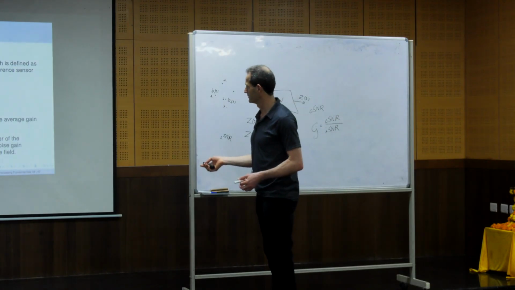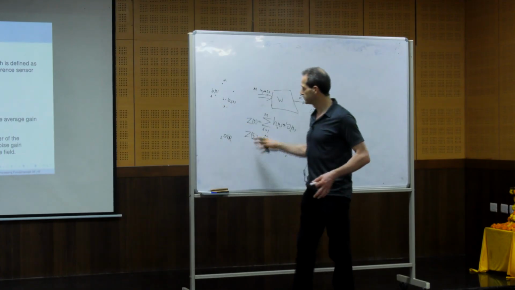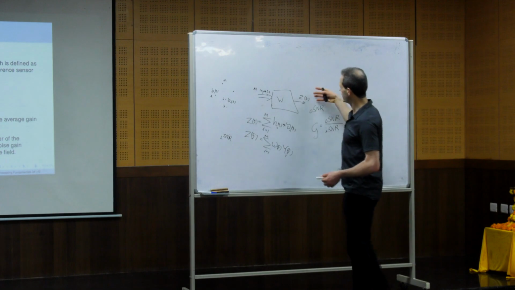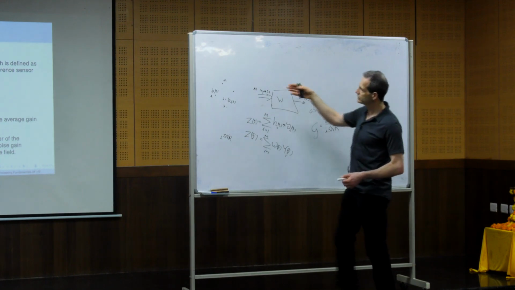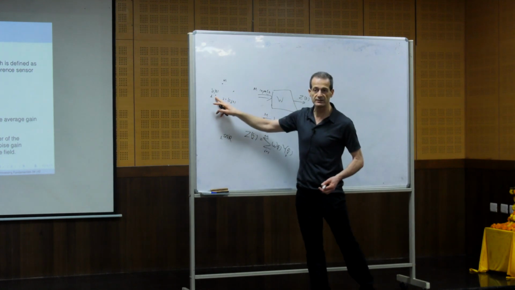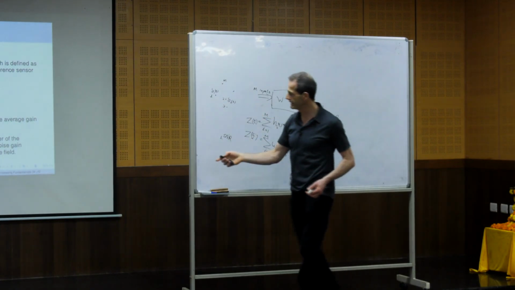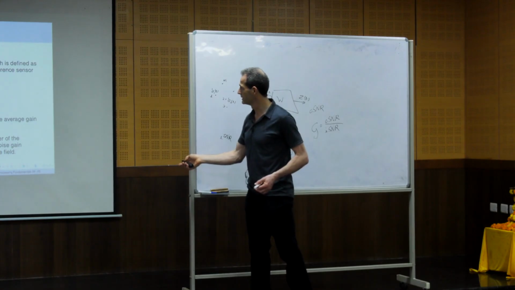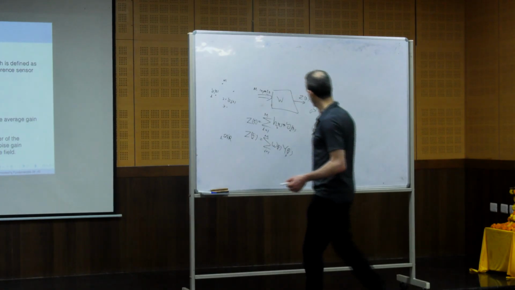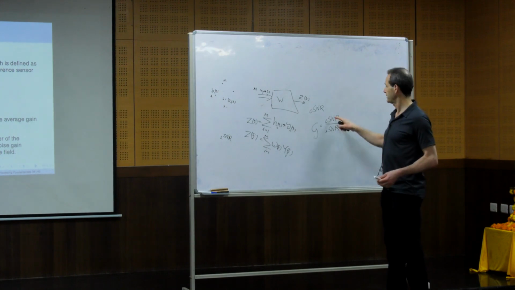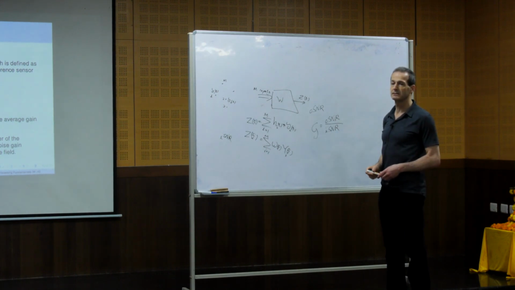And if we have some interferences, some noise, we also have the noise here compared to the noise in a single sensor. This is the gain of the undesired, the gain of the noise. So this ratio is the same as output SNR divided by input SNR.